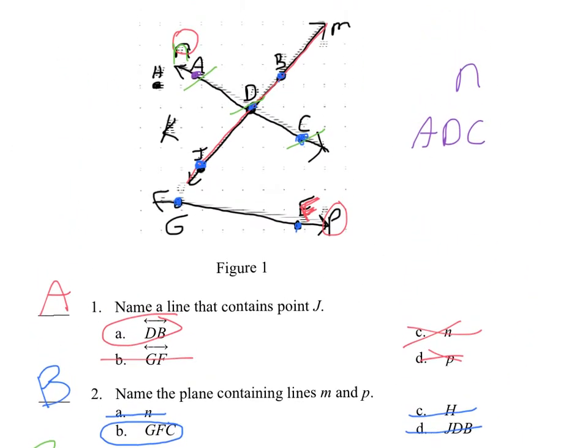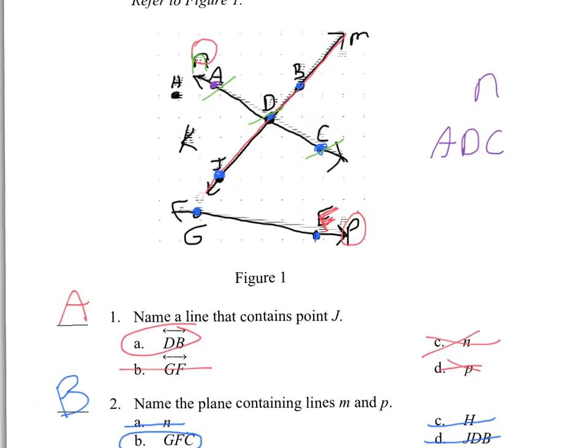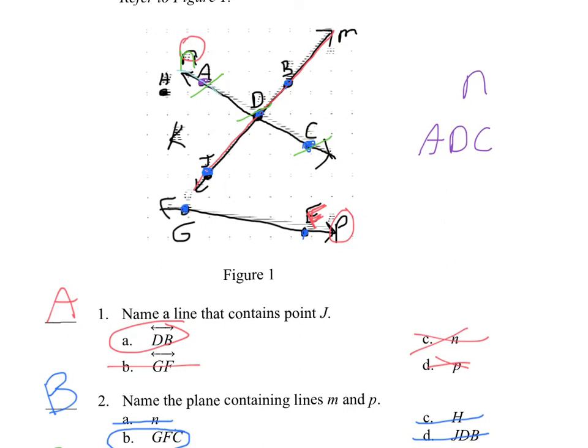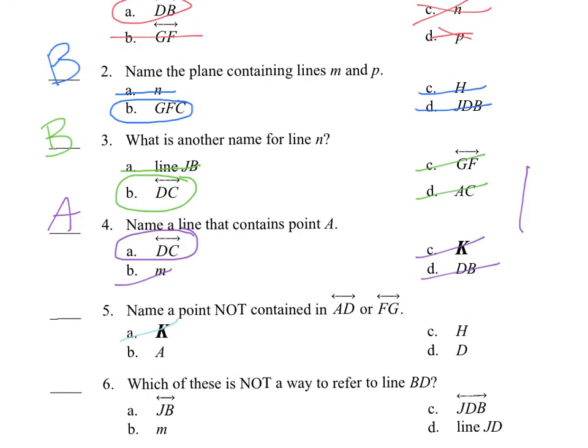There is AD, and there is FG. So on number 5, A is included, so that's not the answer. H sits out here all by itself, so it is not included. D is included. H is not included, so my answer is C.